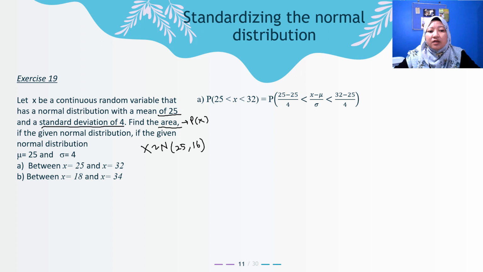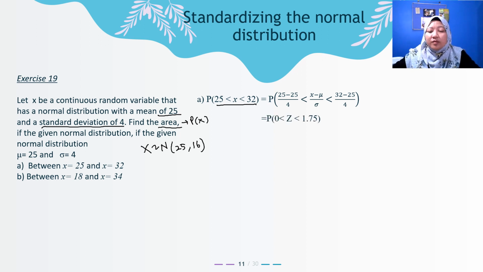Okay, part A: x between 25 and 32. So this one, probability x greater than 25, less than 32. By using the formula, 25 minus 25 over 4, 32 minus 25 over 4.